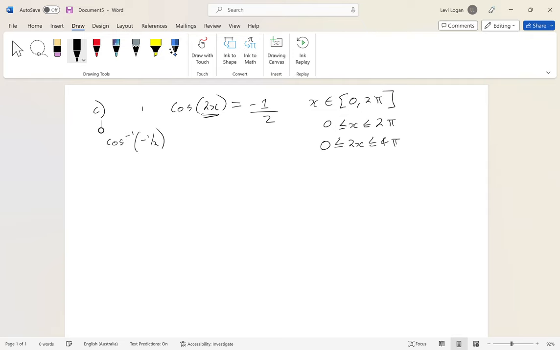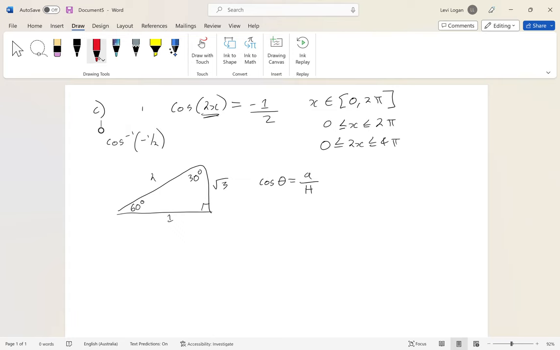You can use your calculator, or you could use the special triangles that I'm going to show you how to do right now. So we're going to need our 60 and 30 degree triangle, 60 degrees, 30 degrees, root 3, 1, 2, this is 90 degrees. Cos theta is equal to adjacent over hypotenuse.